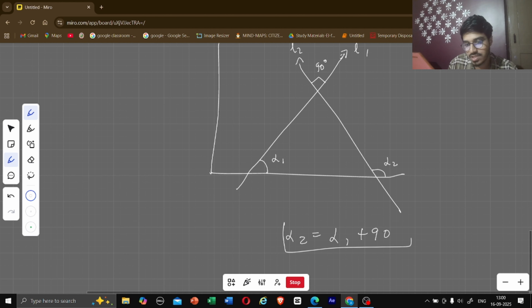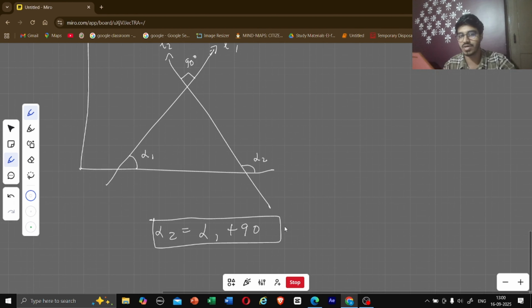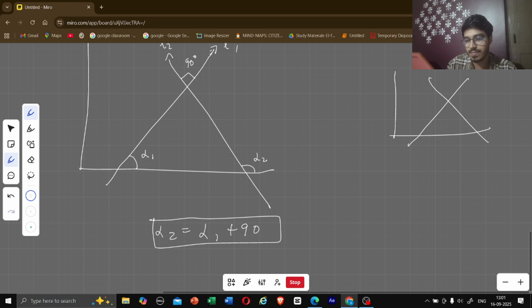How did I conclude this? This is confusing, right? Let us see how I concluded this. There are three proofs for this. It's very simple. I'll draw it again small. Here it's alpha 2, and here it's alpha 1.